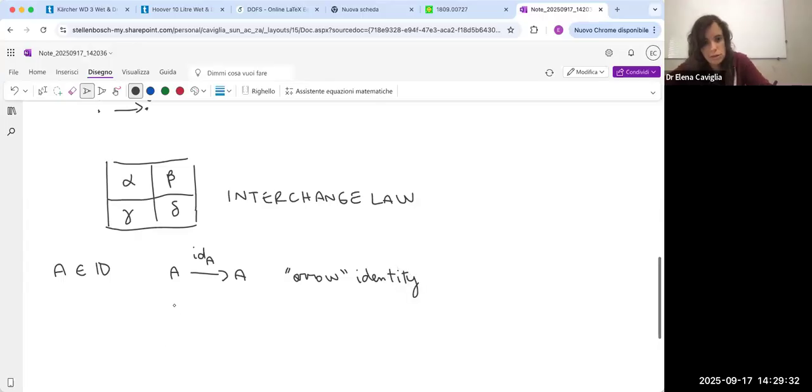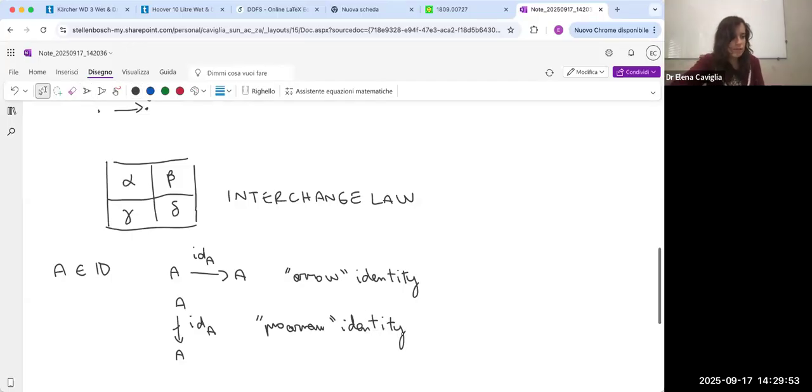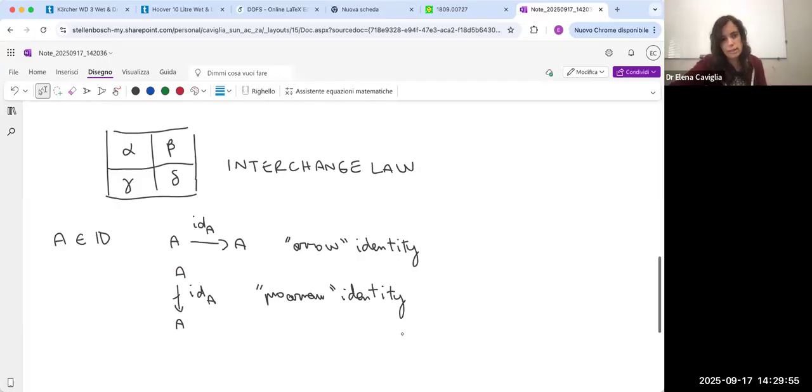But we can also have the pro arrow identity. And in the same way, we also have identity double cells.